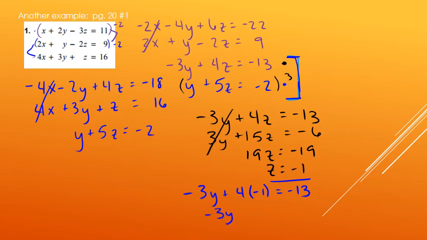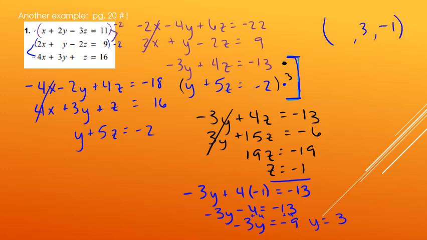So this would be -3y minus 4 equals -13. So -3y equals -9. What I'm doing is adding 4 to both sides, and that should be -9. Therefore, y is 3. So far in my final answer, I have no x, but I have y is 3, and I have z is -1.